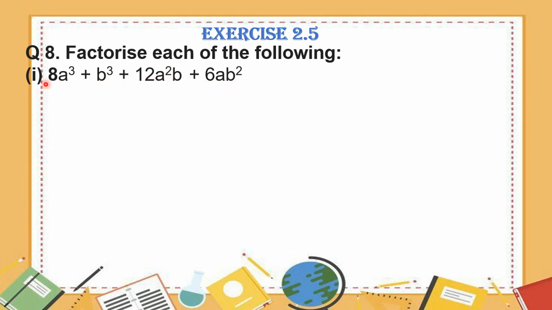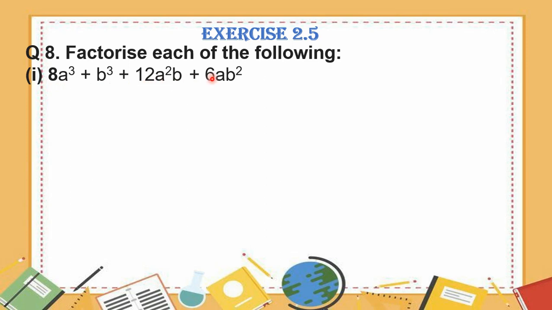Here let us think about the coefficients of the variables. 8 is the coefficient of a cube, so this 8 can be written as 2 raised to the power 3. Similarly, the coefficient of a square b is 12, which in prime factorization is 2 into 2 into 3, that is 4 into 3.